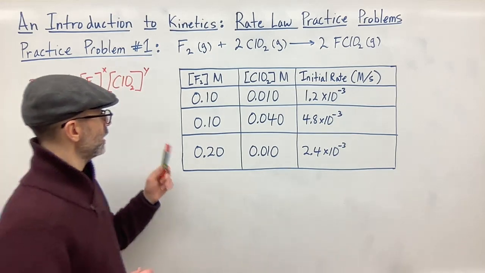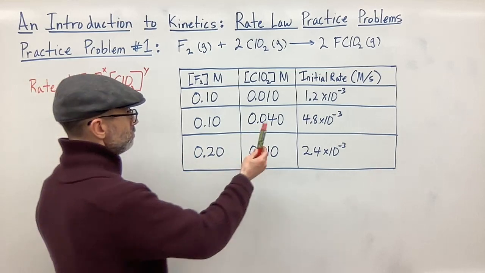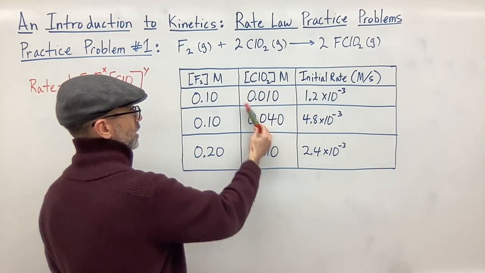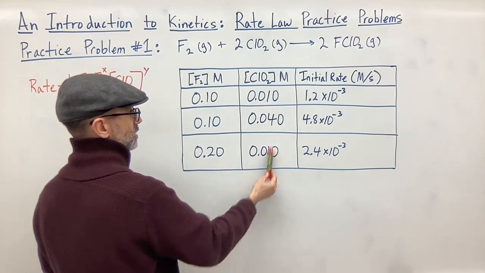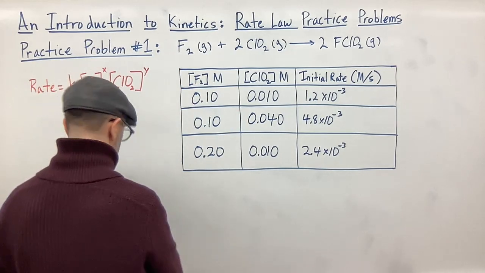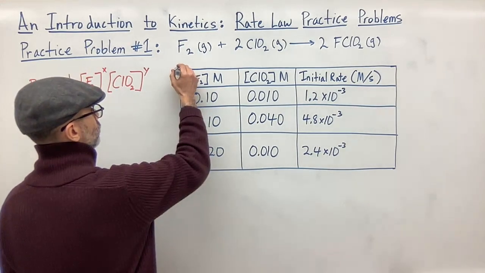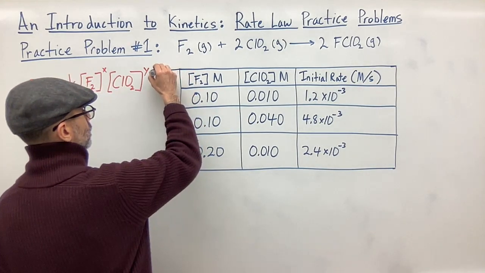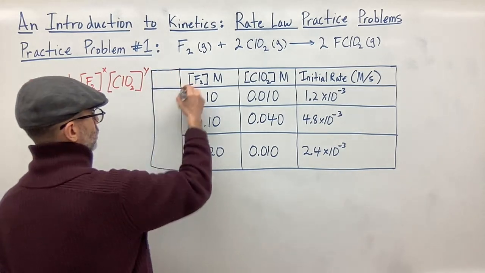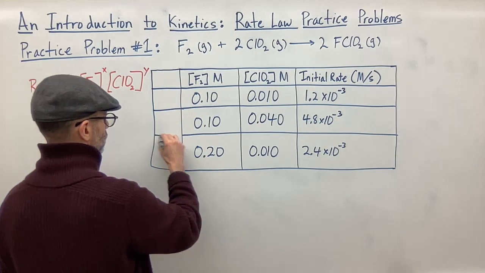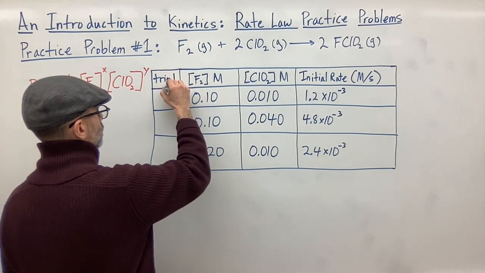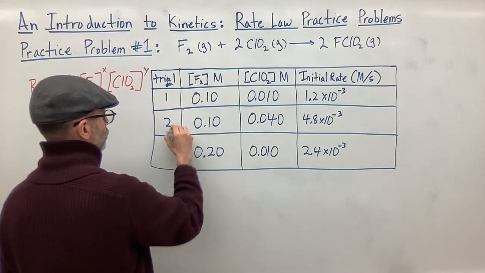Okay, so here we can start with these two, right? I see that this one here is the same. So trial one, I forgot to put trials here. So let's put trial. This will be the trial number, and this will be 1, 2, and 3.